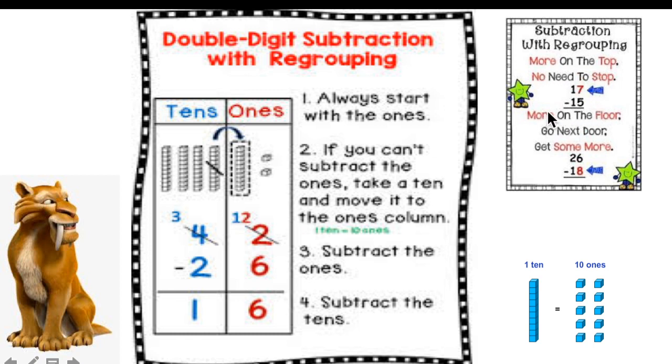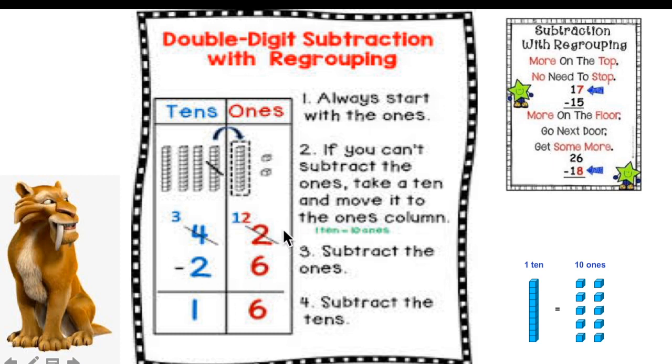But if you have more on the floor, like here, this is top and this is floor, go next door. Next door means borrow the 10 from the tens group. Go next door and get some more.